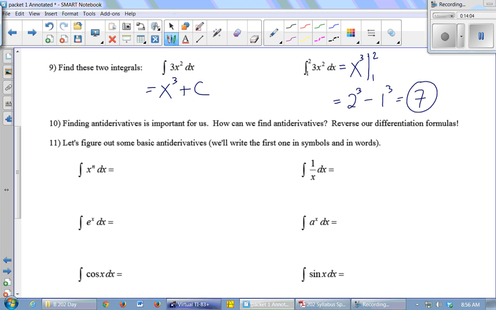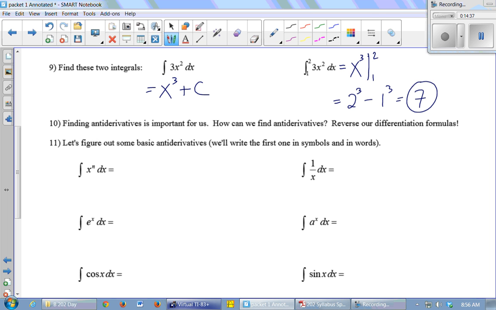Okay, so finding antiderivatives is really important for us for this class. Oh, okay.